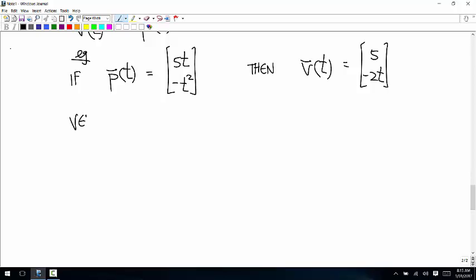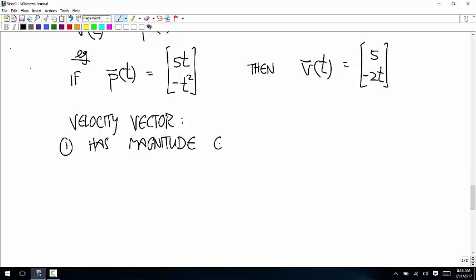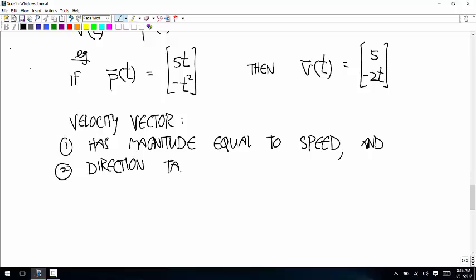The velocity vector has a magnitude that's equal to the speed, and a direction tangent to the path of motion.